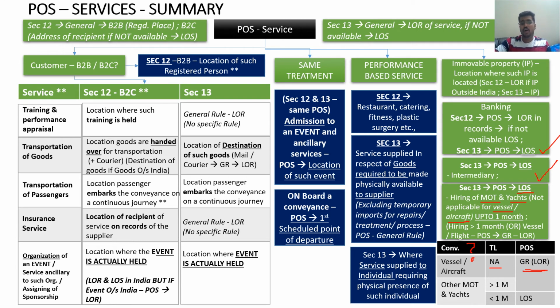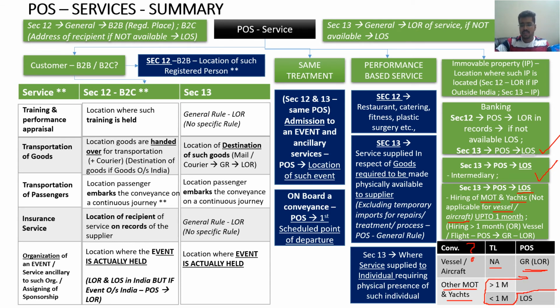However, if it is not vessels or aircrafts that is being hired, if it is any other means of transport, it could be even probably some land transport, or it could be yachts in our case. If it is any other means of transport or yachts, then it is very important that you see what is the time period of the hire, right?